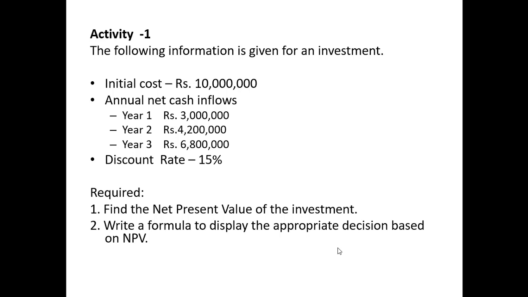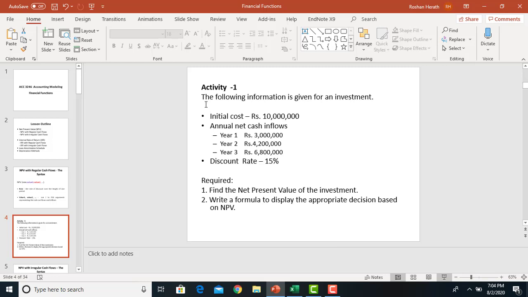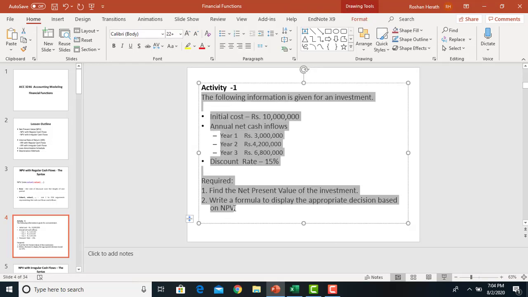The requirement is to find the net present value of the investment and also write a formula to display the appropriate decision based on NPV, either to accept or to reject this project. So let me take this information to an Excel sheet and let's work this out.